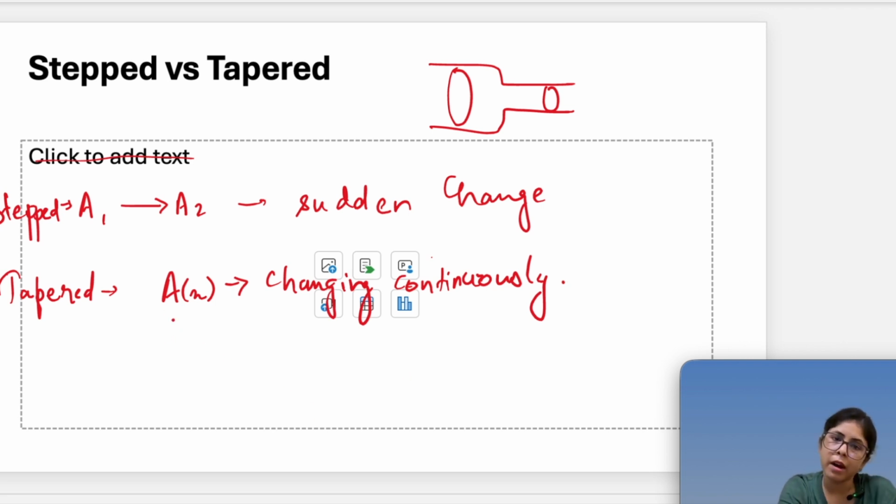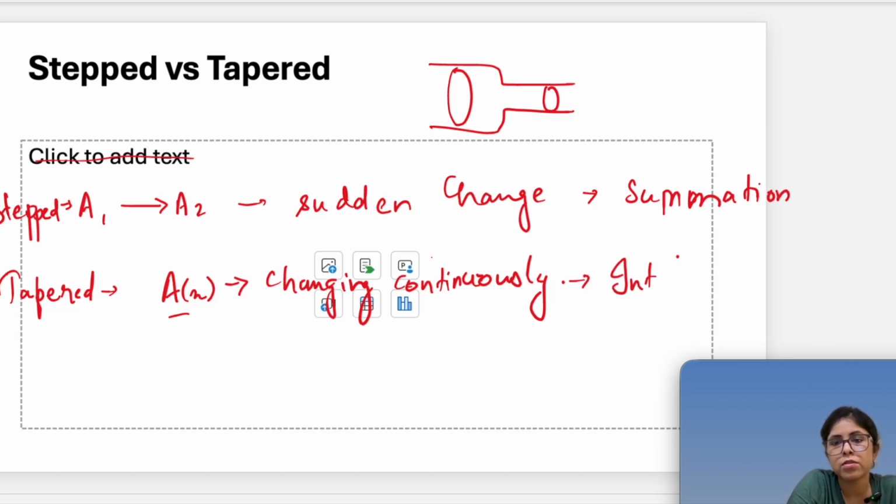So in a tapered bar, area is changing continuously. In stepped, we are simply doing summation, and in tapered we will be doing integration because we need a continuous summation. Integration is nothing but continuous summation, right? So this is the conceptual difference between stepped and tapered.